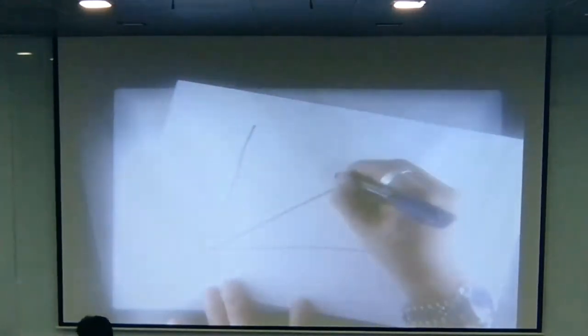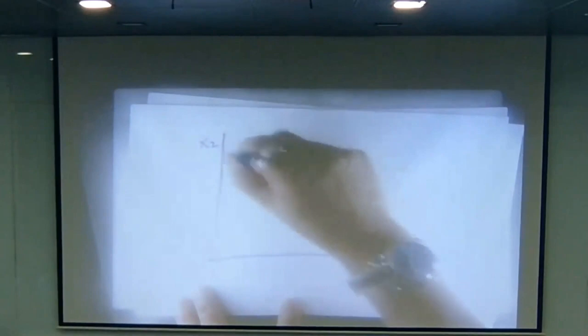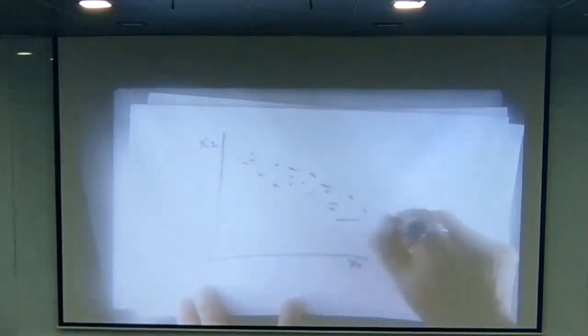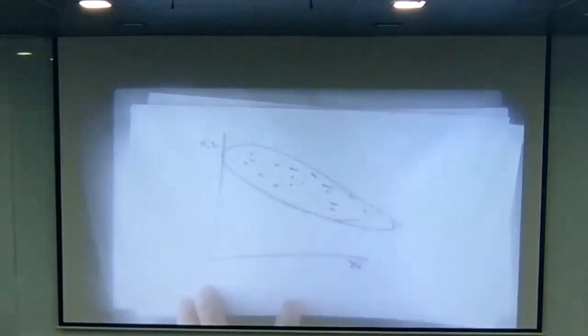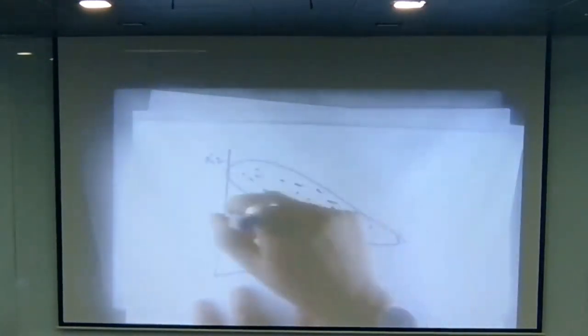Okay, this point, x1, x2, and let's say this is my cigar. What's this point, guys? This is this one, right? x1, x2.